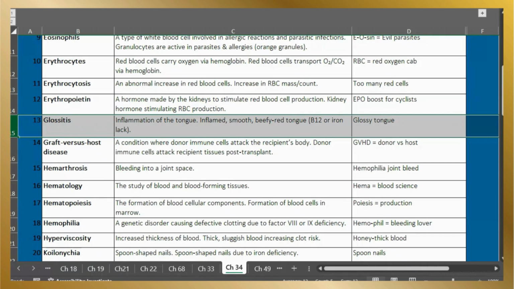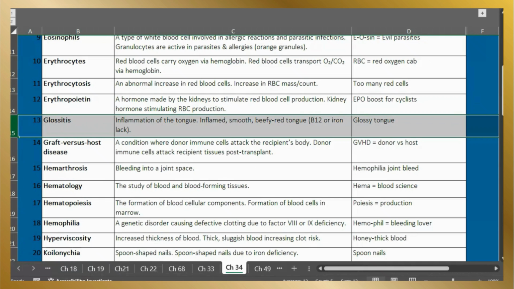So it's a key term that might be in the quizzes or in the case study for the NCLEX. The case study says, oh, this patient comes with this type of fancy key term. If you don't know what this word means, you think it's anemia, but you don't know which one it is. If you know the key term, then you say, oh wait, it's that type of anemia.